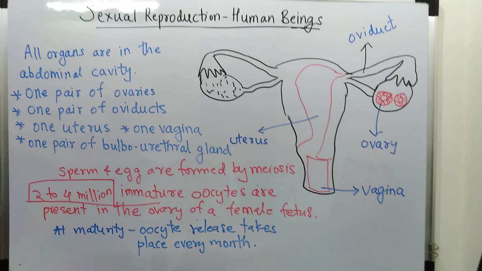When the girl reaches maturity, oocyte release starts taking place every month.